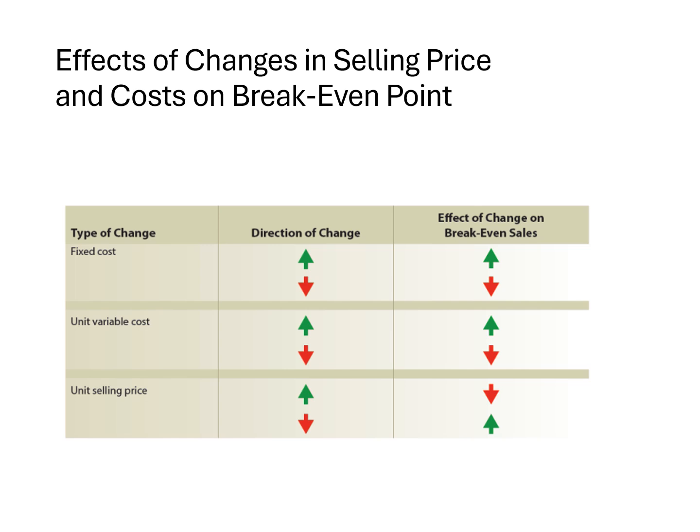But unit selling price has an inverse relationship. If we charge our customers more, our break even goes down. We don't have to sell as many to break even. And if we charge less per unit, in other words, we discount whatever it is that we're selling, then break even goes up. We have to sell even more to still break even.